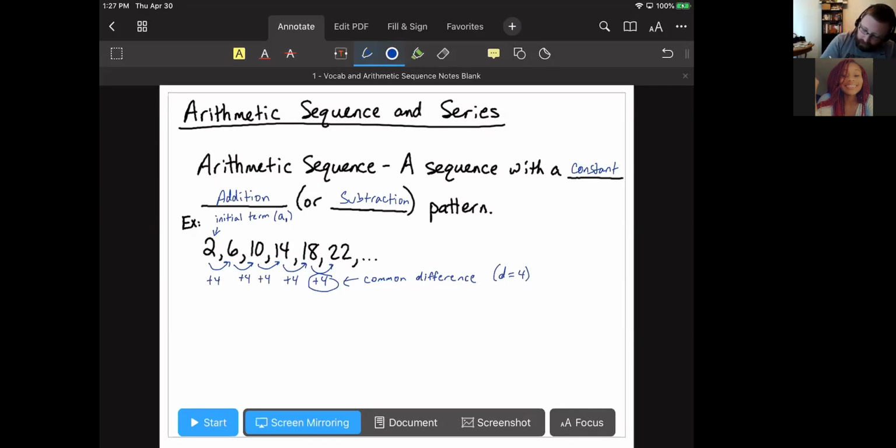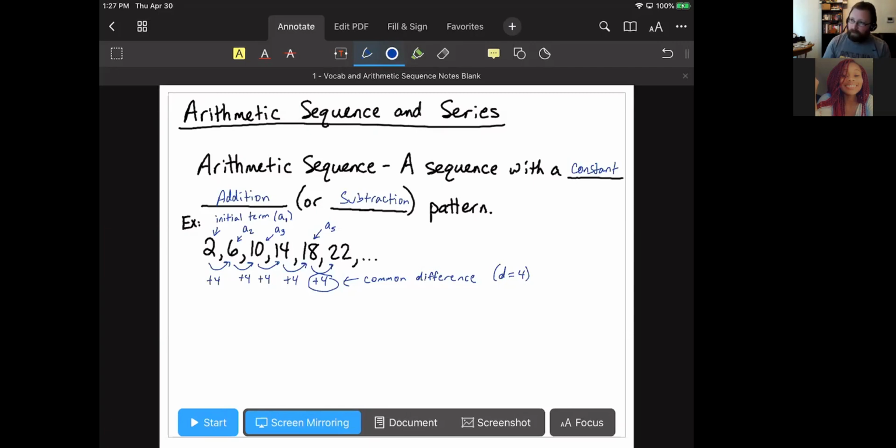Every term in here has notation that goes with that. So 6 would be a sub 2, 10 would be a sub 3, 18 would be a sub 5, etc. Every term can be represented with an a and a subscript representing the term number.